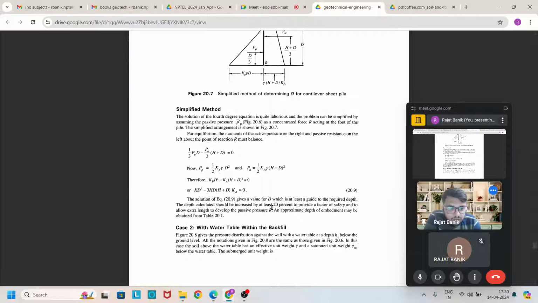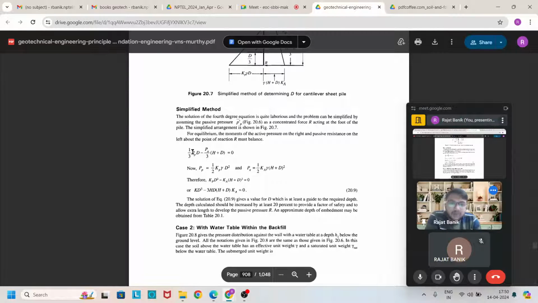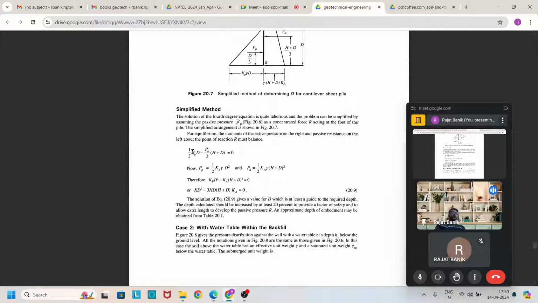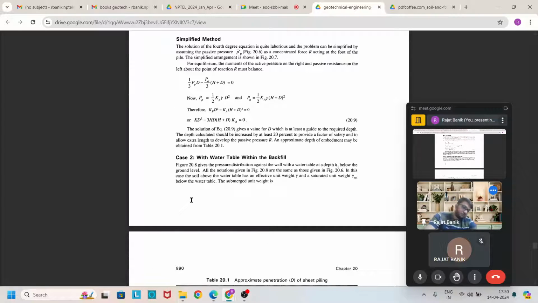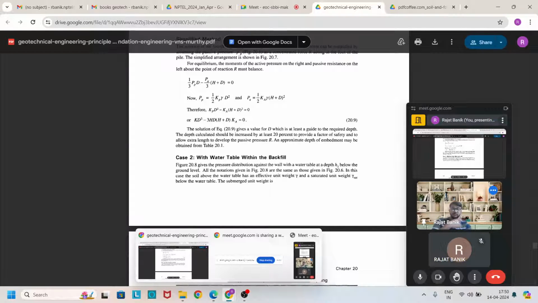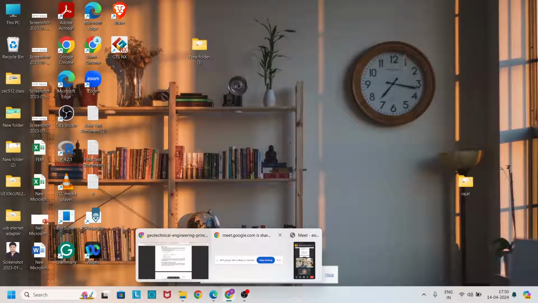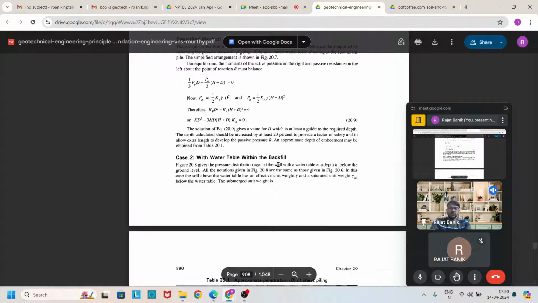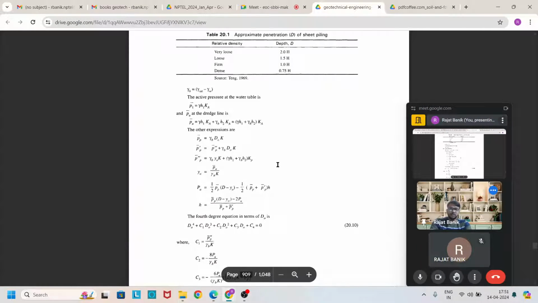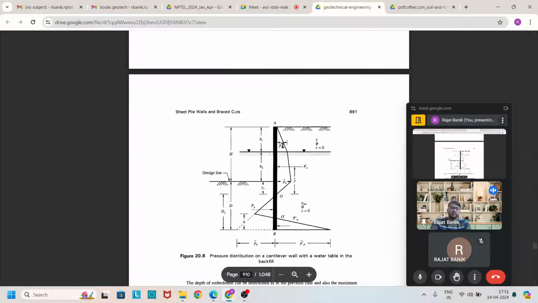So the previous one is for the case without a water table. Now what happens if there is the presence of a water table? You see that everything is the same, but the pressure diagram is changed a little bit due to the presence of the water table, because we use gamma dash in place of gamma.